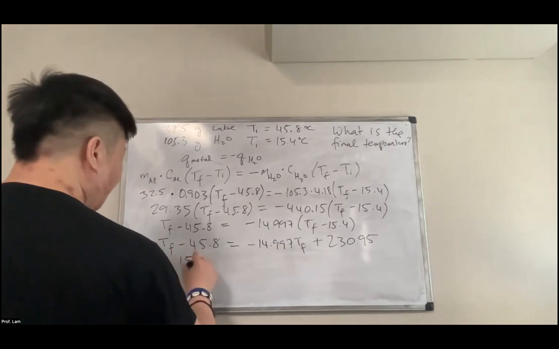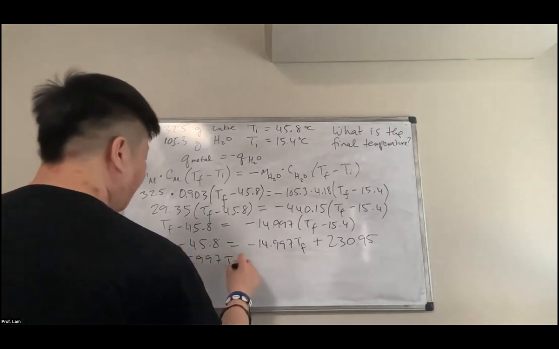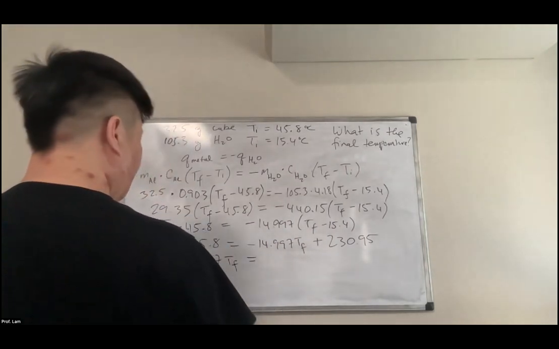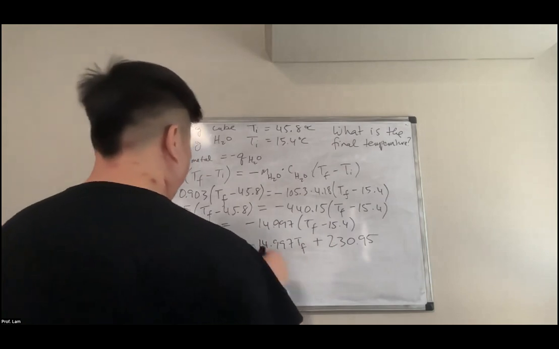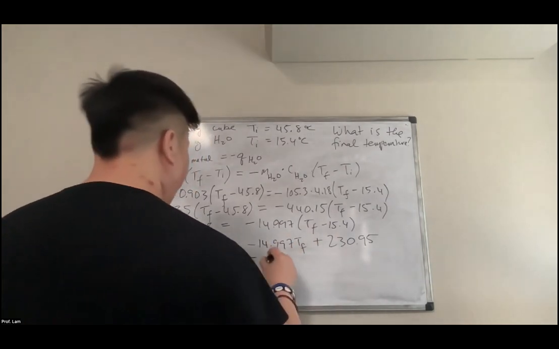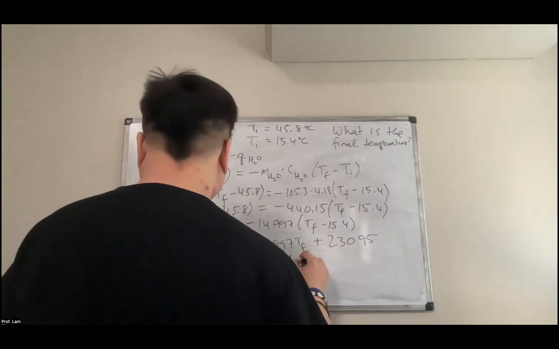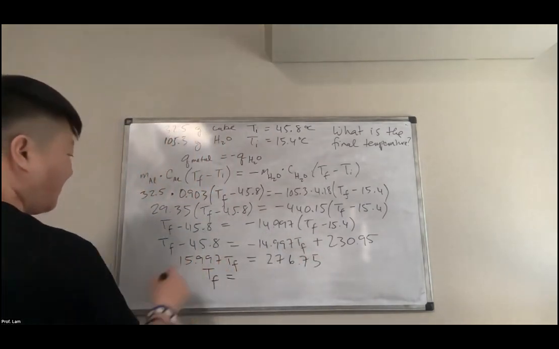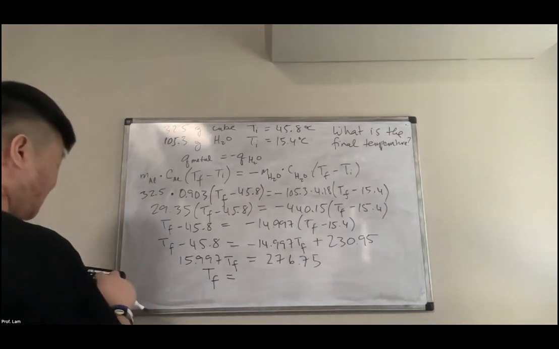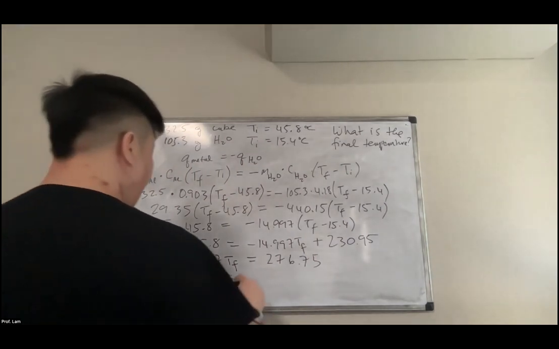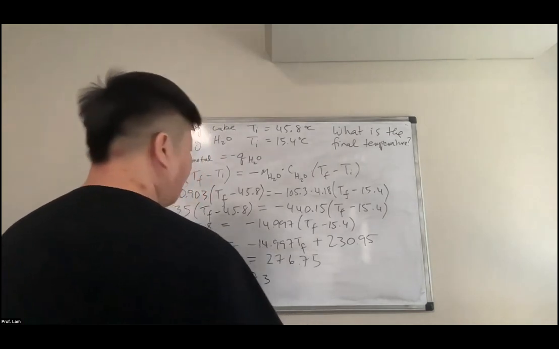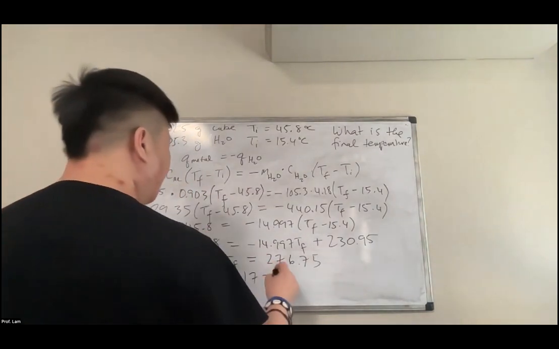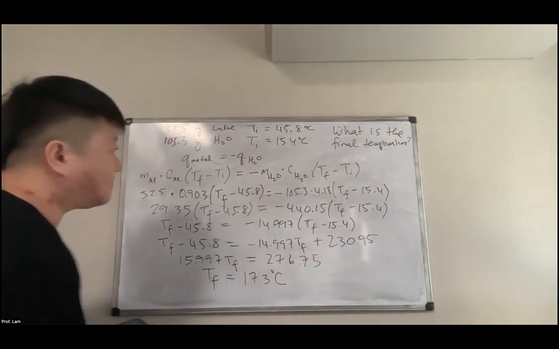So that's 15.997 TF is equal to, and I'm going to add 45.8, 230.95 plus 45.8, 276.75. Then solving for TF, I'll divide by 15.997 to both sides. And I'll have 17.3. And that would be in degrees Celsius, right?